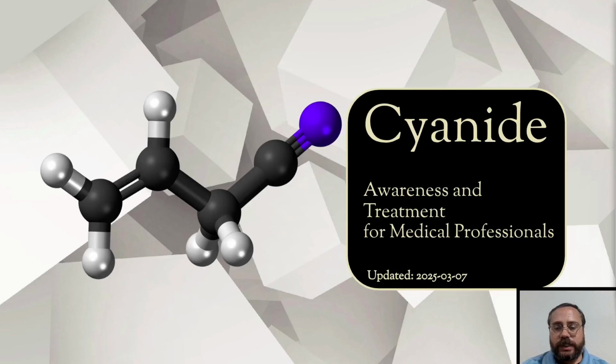If you happen to give hydroxycobalamin to a patient who doesn't have cyanide exposure, they're going to have dark red colored urine, and there may be some tissue staining red at the site of administration. But ultimately, there will be no lasting harm.